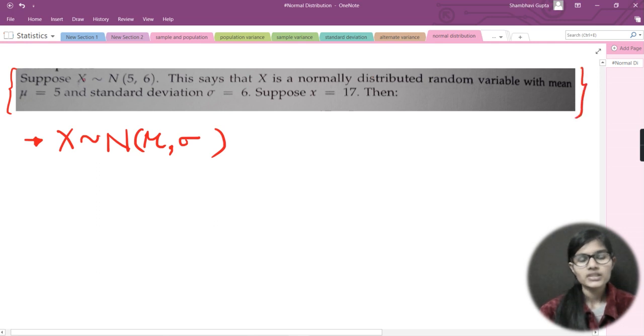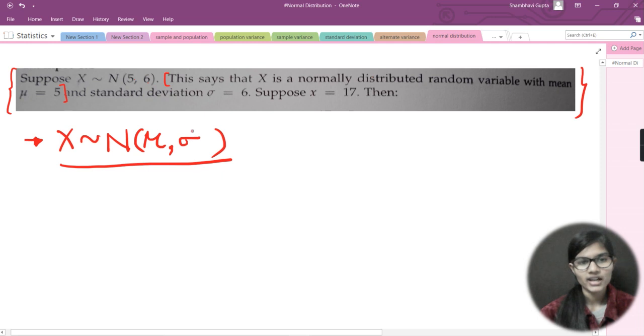So here, when it is written, suppose x belongs to N(5, 6), the line after this simply gives the explanation of what is written, that is, x belongs to N(mu, sigma). They are saying that x is a normally distributed random variable with mean mu equal to 5 and standard deviation sigma equal to 6.